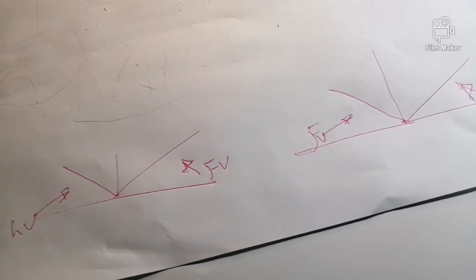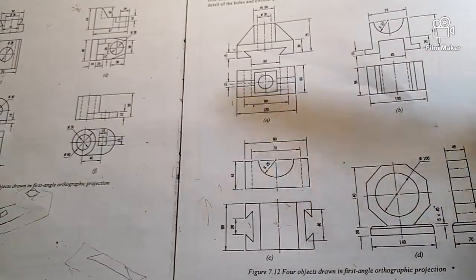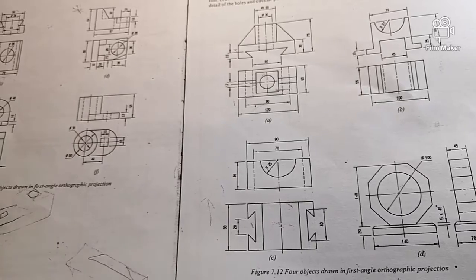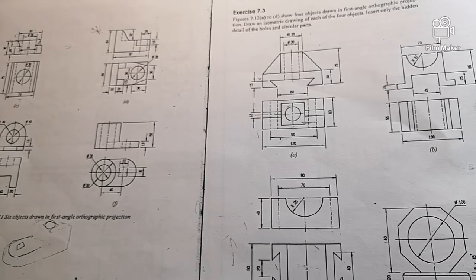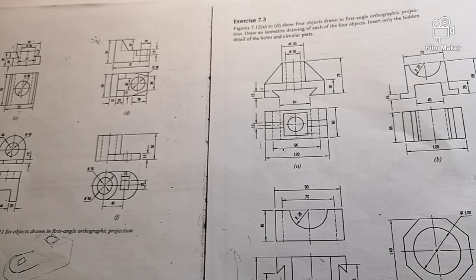So that is why it is very much important, before you even start your drawing, you must understand whether these views are given in third angle or first angle orthographic projection. Sometimes they might be given in first angle orthographic projection, but when you read the question up there, it will then say draw them in third angle orthographic projection. You understand? Sometimes they might be given in third, but the question is saying draw them in first. So it is very much important.